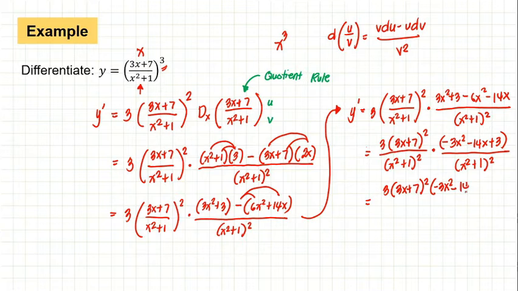So we will have x squared plus 1 raised to the power of 4. And this is now our final answer. Okay? So that is our derivative, using the chain rule.